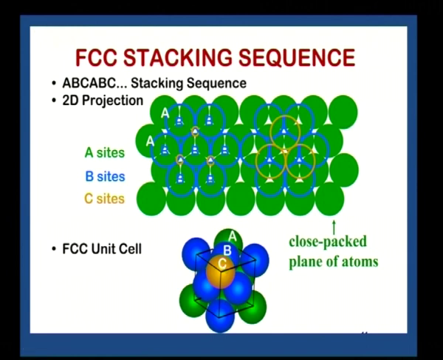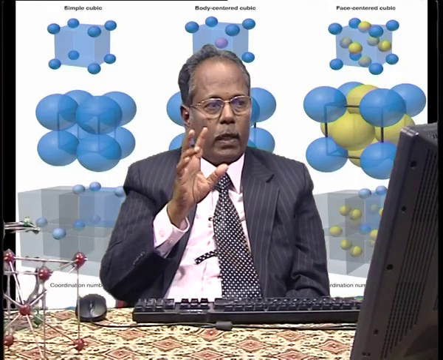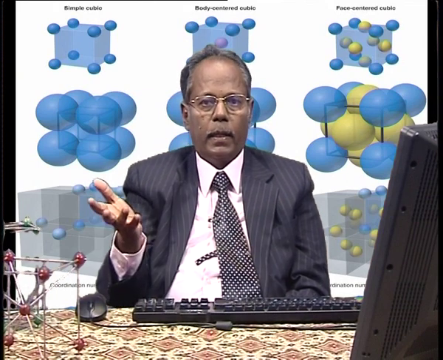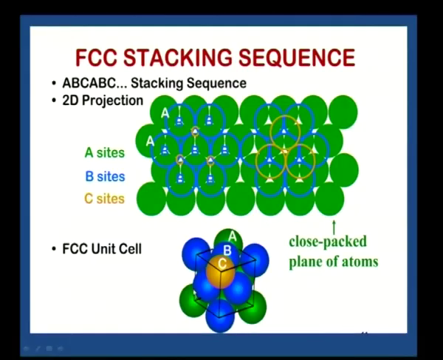It is the FCC unit cell. What I would like to tell you is this kind of stacking sequence, wherein you have the bottom layer made up of the green circles, the atoms or billiard balls being arranged, the bottommost plane, that is A. Corresponding to this you have the second layer, and corresponding to these points you have the C layer, the third layer.